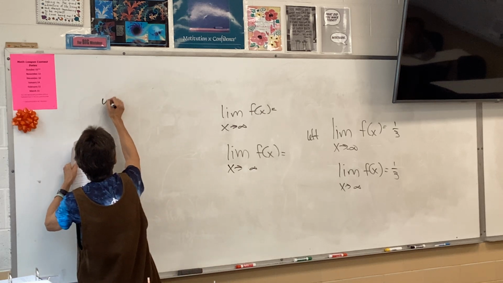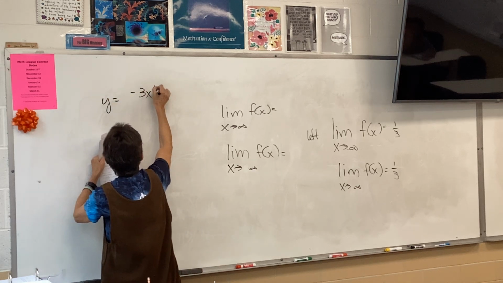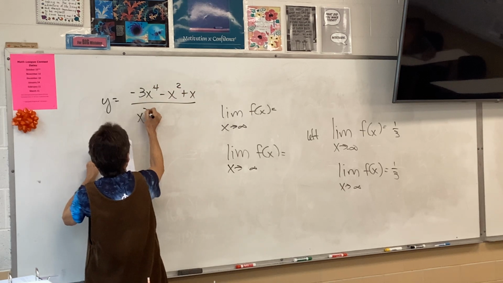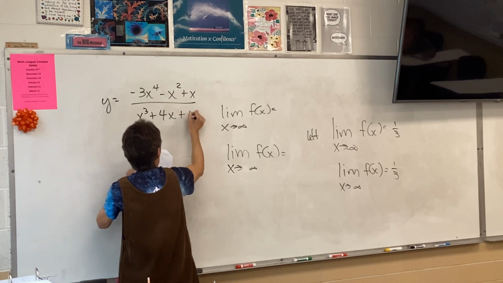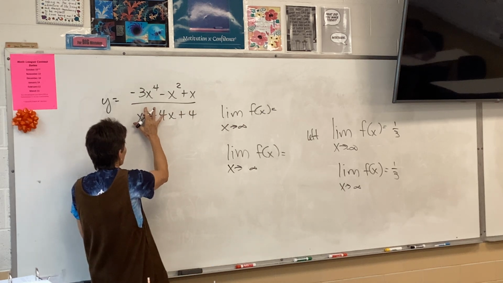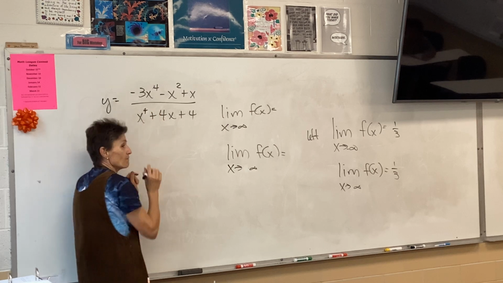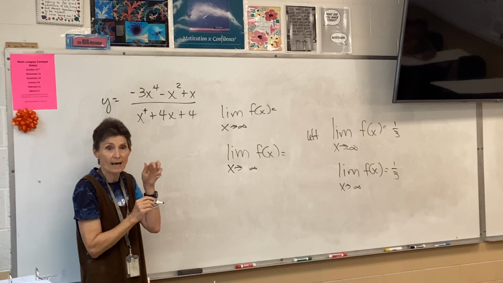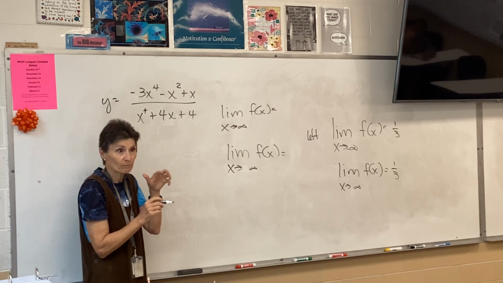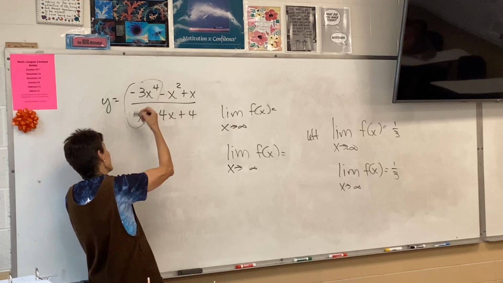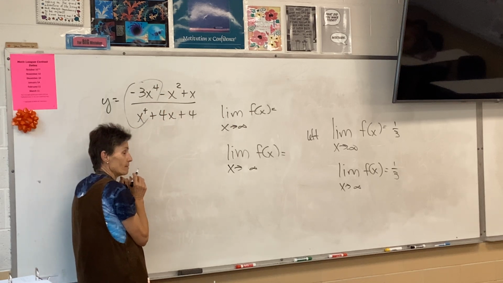We have negative 3x to the 4th minus x squared plus x over x cubed plus 4x plus 4. Now, what if this had been a 4? If that had been a 4, you would tell me that I had a horizontal asymptote at negative 3, right? You would look at these two right here and say, okay, that's going to cancel. I'm going to have negative 3.